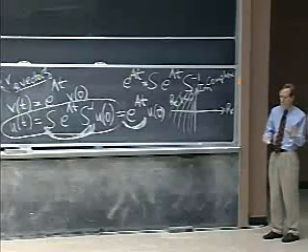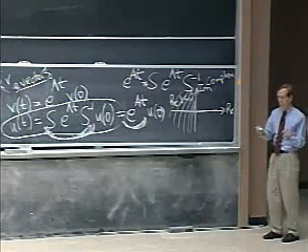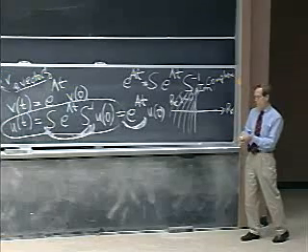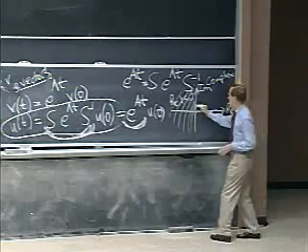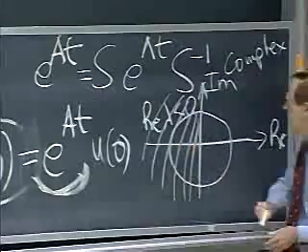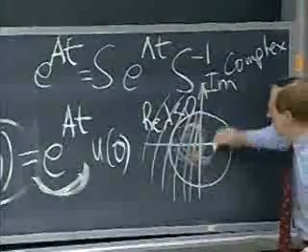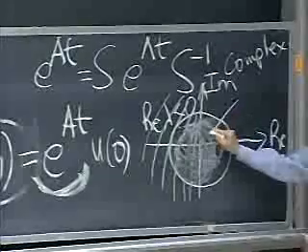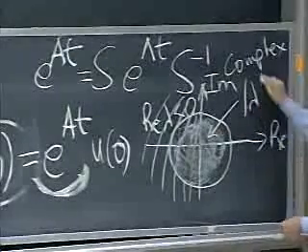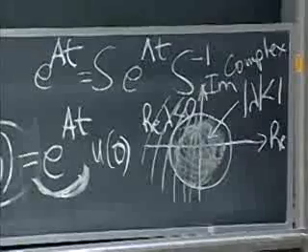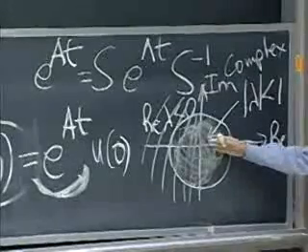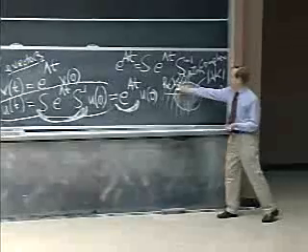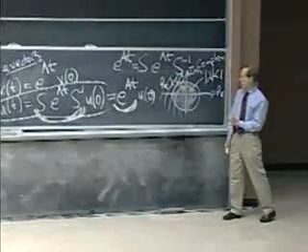Where do the eigenvalues have to be for powers of the matrix to go to 0? Powers of the matrix go to 0 if the eigenvalues are in here. So this is the stability region for powers. This is the region absolute value of lambda less than 1. That tells us that the powers of A go to 0. This tells us that the exponential of A goes to 0.